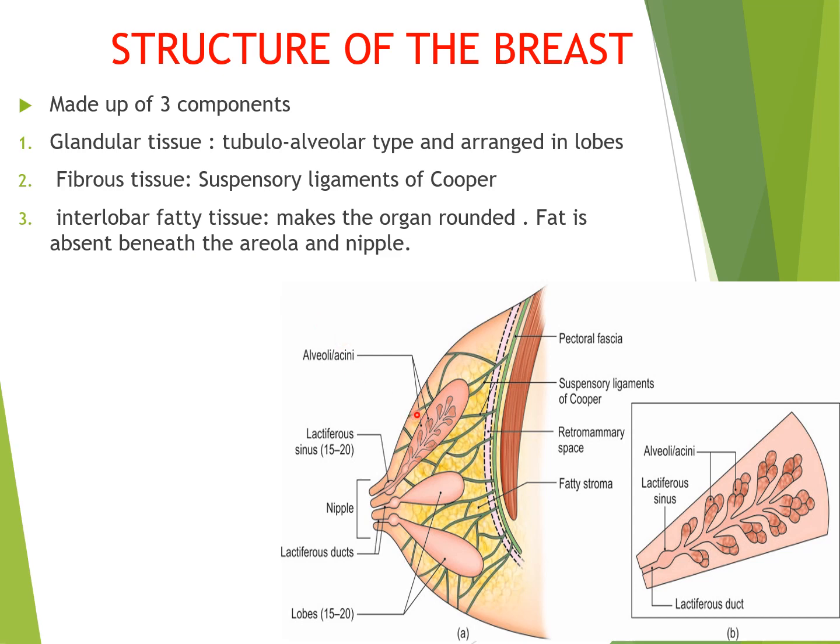This fibrous tissue or fibrous stroma supports the lobes and forms a number of septa, which we can make out here. These septa anchor the parenchyma of the gland to the overlying skin.